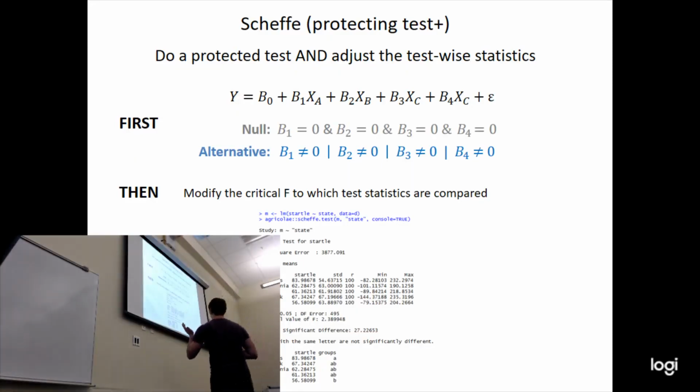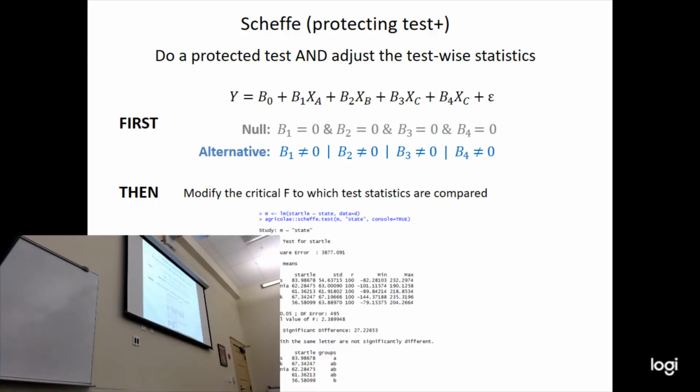Here's the function that I found. It's from a package called agricolae. What I don't like about it is that it only allows you to look at pairwise comparisons. And technically, mathematically, Scheffé allows you to do any contrast you want, linear, quadratic, it doesn't really matter. But you can't do that in this package.